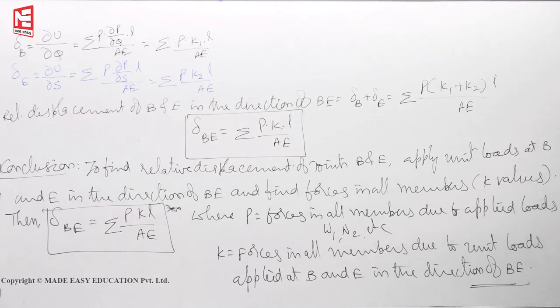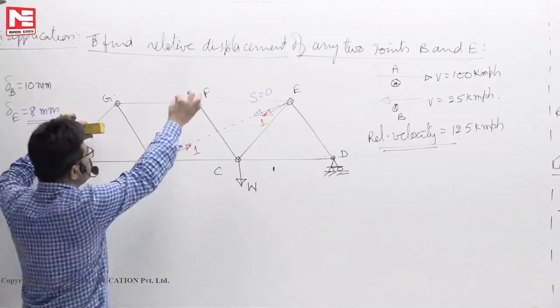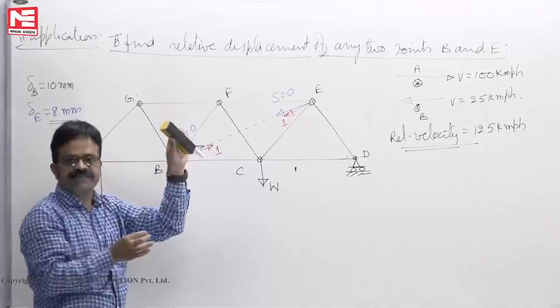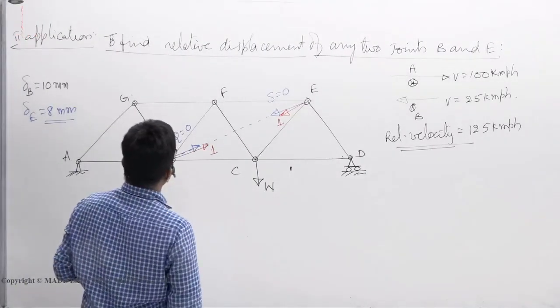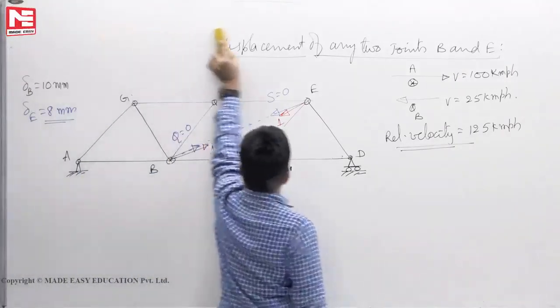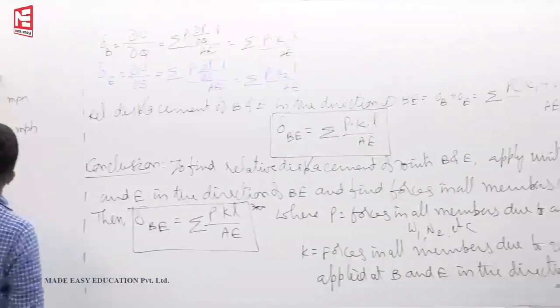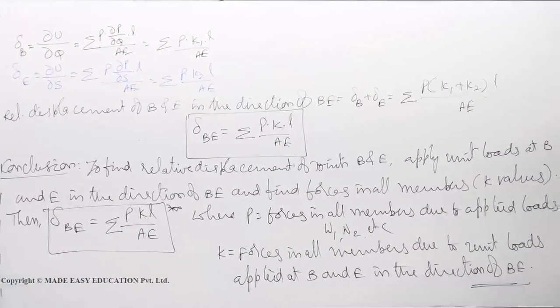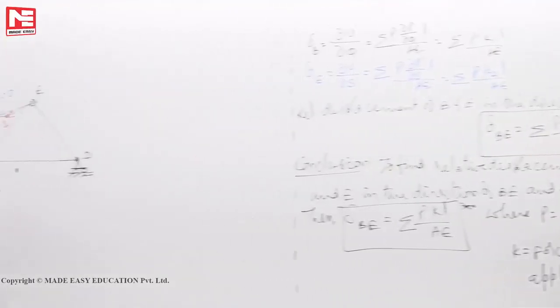Next, the third application: how much the member GF rotates, you want to find, say. That also we can find using Castigliano's theorem. Now let us see the third application.